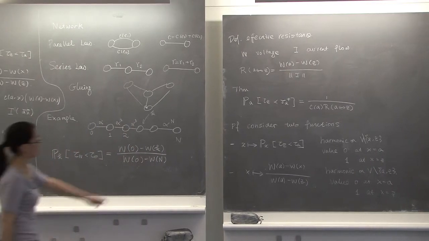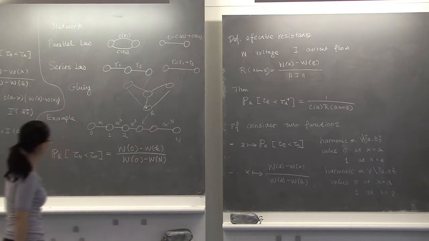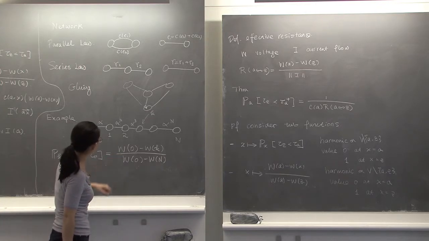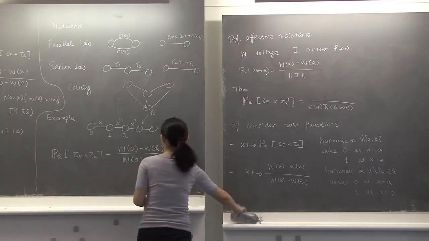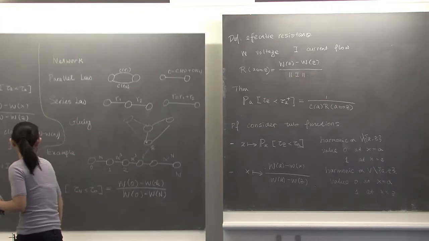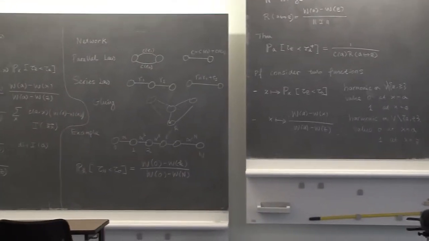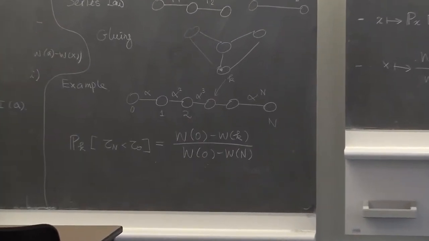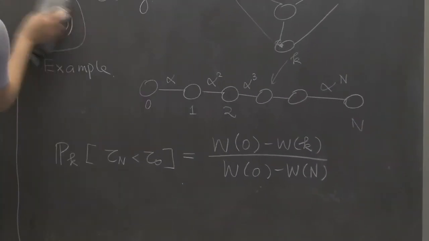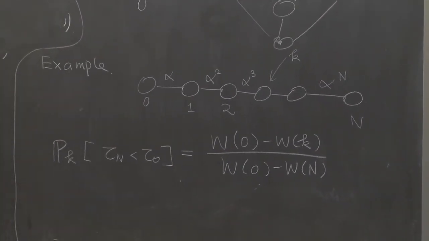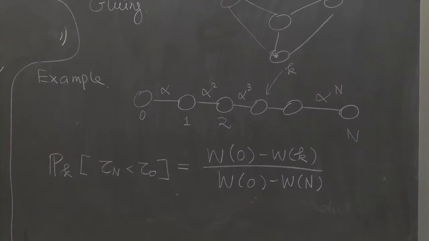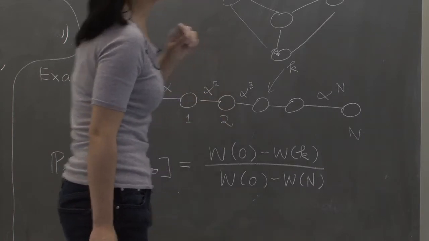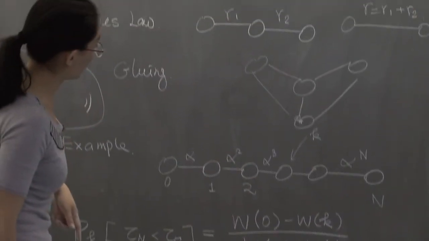So we only need to calculate the harmonic function W on this network. What is the voltage? This is our network, and now we want to use these three operations to simplify it.